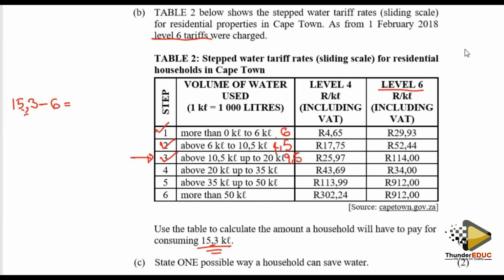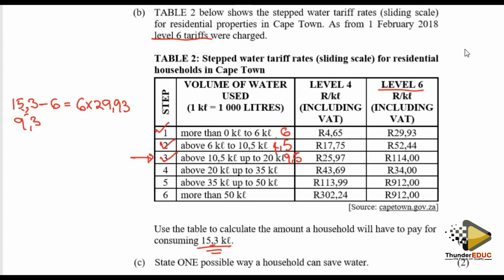These 6 are from bracket number 1, and each is charged 29.93. That's the first step. After subtracting, we remain with 9.3. 9.3 has been pushed to bracket number 2.